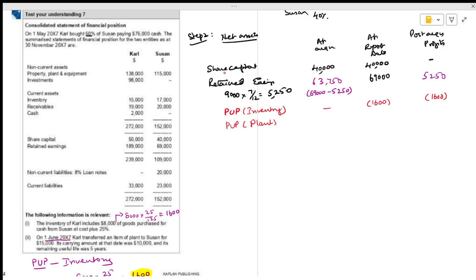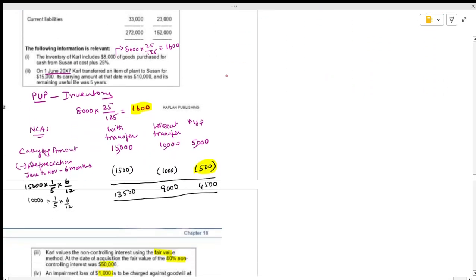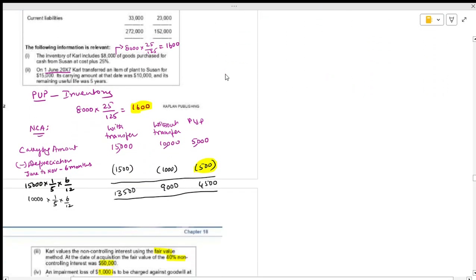With respect to plant, what do we have to do? See the things. How much depreciation? Have we increased the depreciation or decreased it?